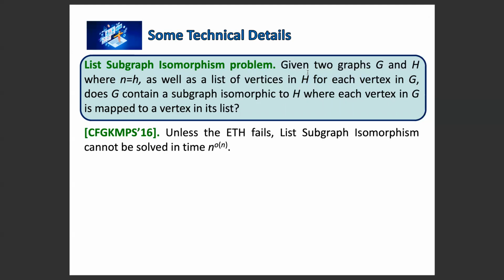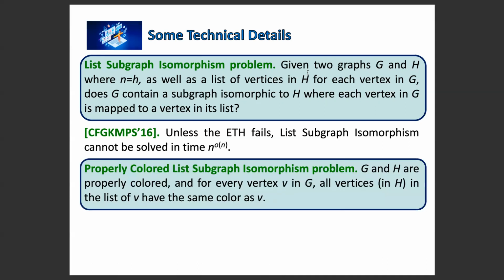It was known that unless the ETH, the exponential time hypothesis, fails, this problem cannot be solved in time n to the little o of n. Now we defined a special case of this problem that we called the properly colored list subgraph isomorphism problem. Here the difference is that G and H are properly colored. This is how the input looks.